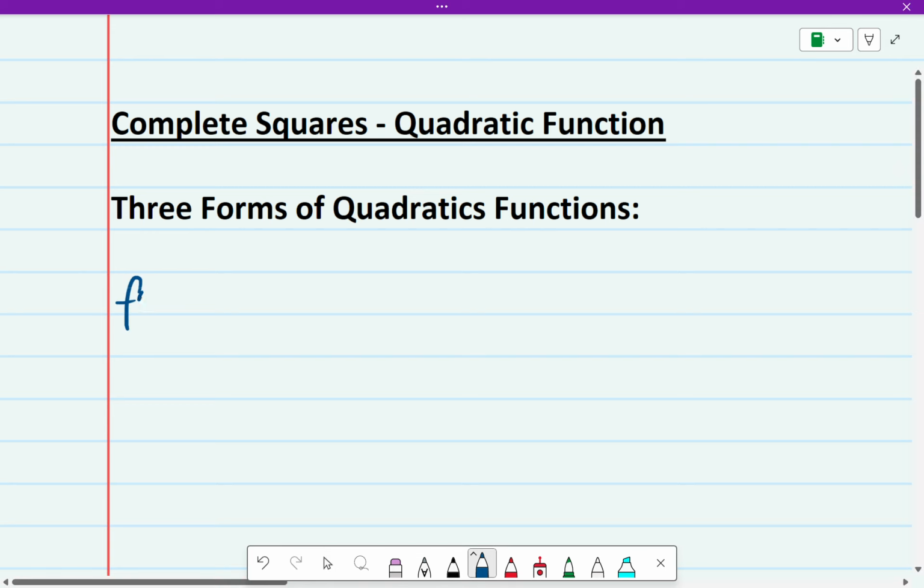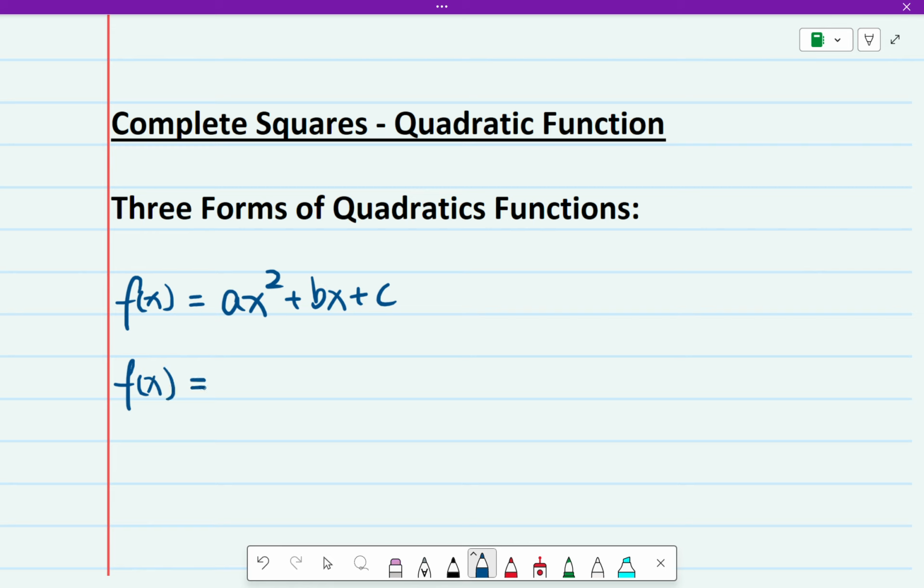The first form is the standard form, which is f of x equals ax squared plus bx plus c. The second form is the vertex form, f of x equals a times (x minus q) squared plus p. And the third form is the factor form, f of x equals a times (x minus q) times (x minus p).